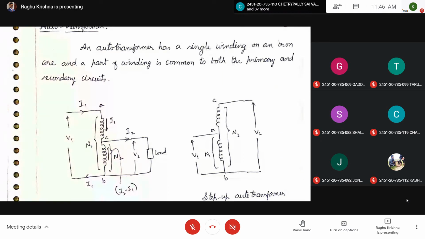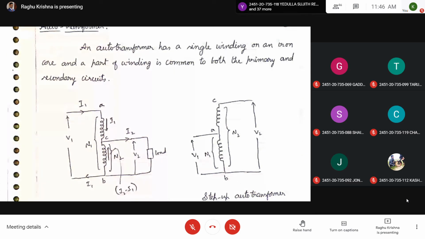In the lab you are going to have an autotransformer with which you can get a highest voltage of 300 volts when the supply voltage is 230 volts. So 300 by 230 is nearly equal to 1.